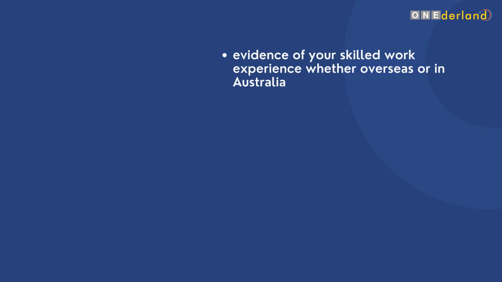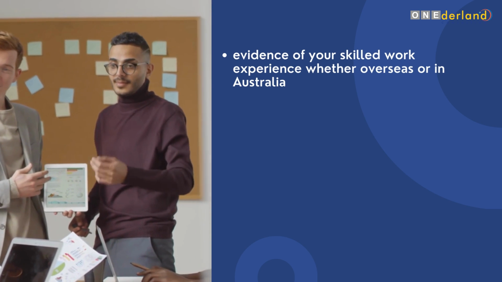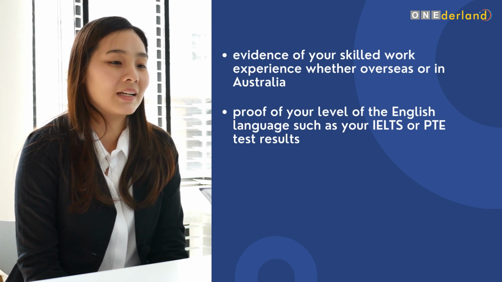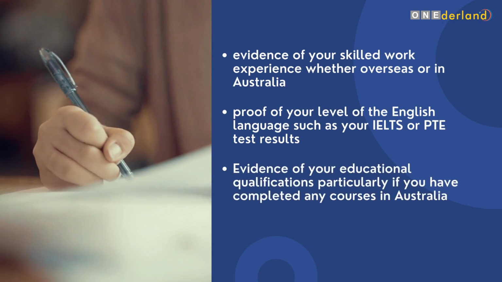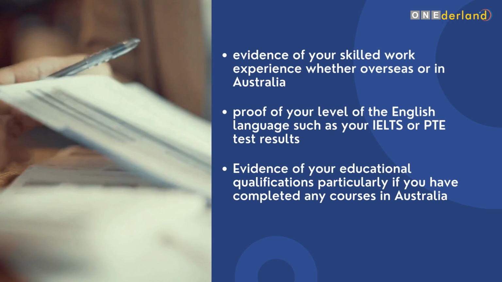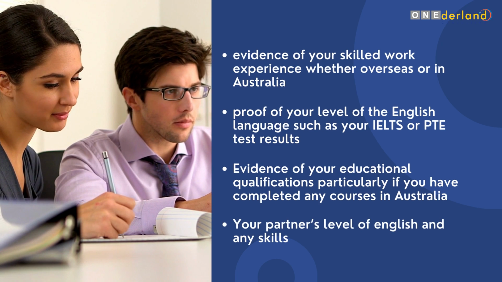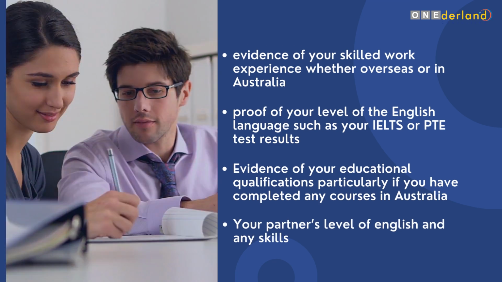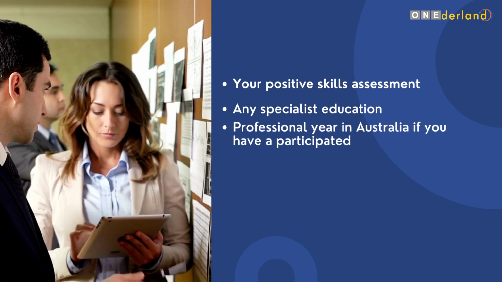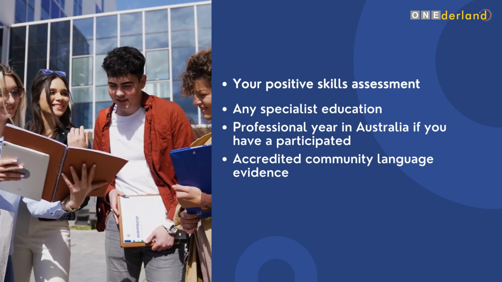This will include evidence of your skilled work experience, whether overseas or in Australia; proof of your level of English, such as your IELTS or PTE test results; evidence of your education qualifications, particularly if you have completed any courses in Australia; your partner's level of English and skills; your positive skills assessment; any specialist education; a professional year in Australia if you have participated; and accredited community language evidence.